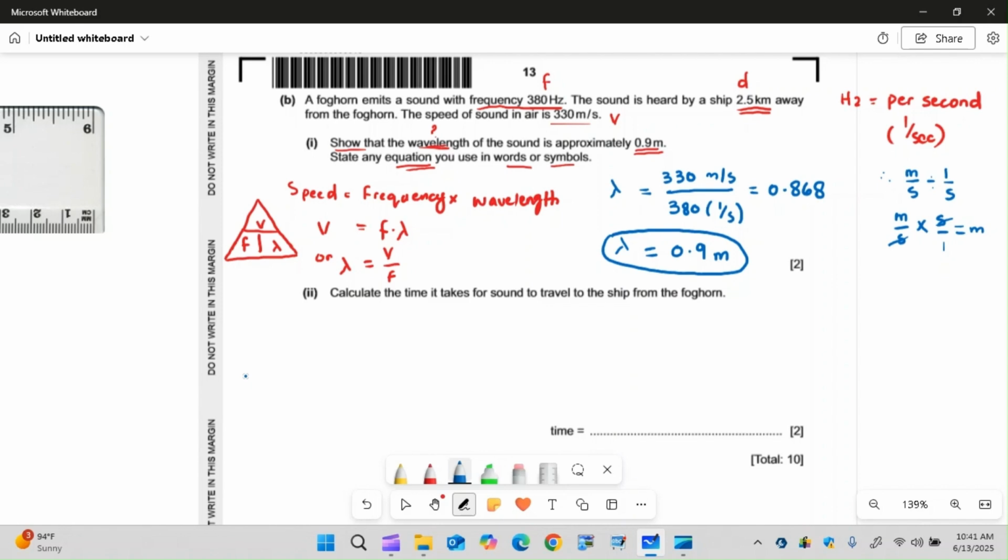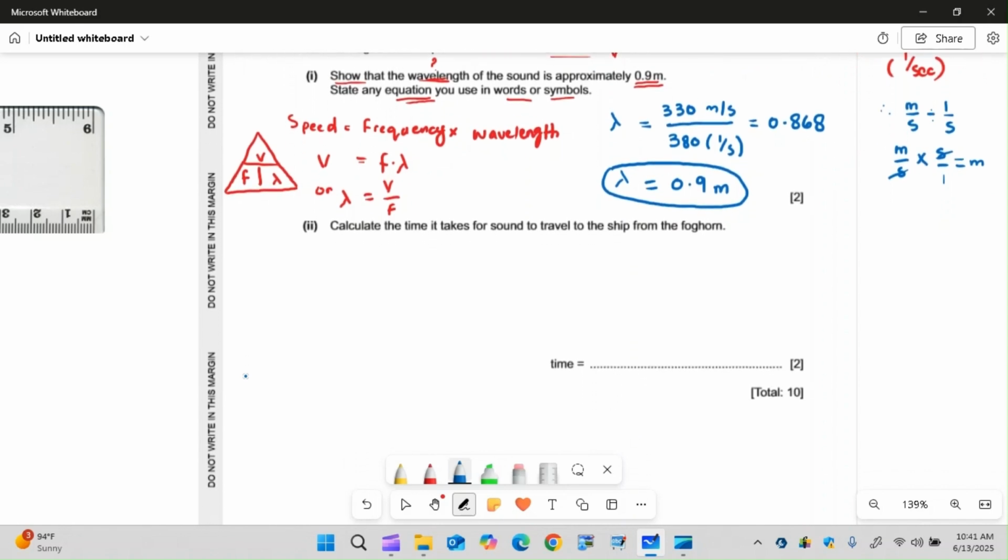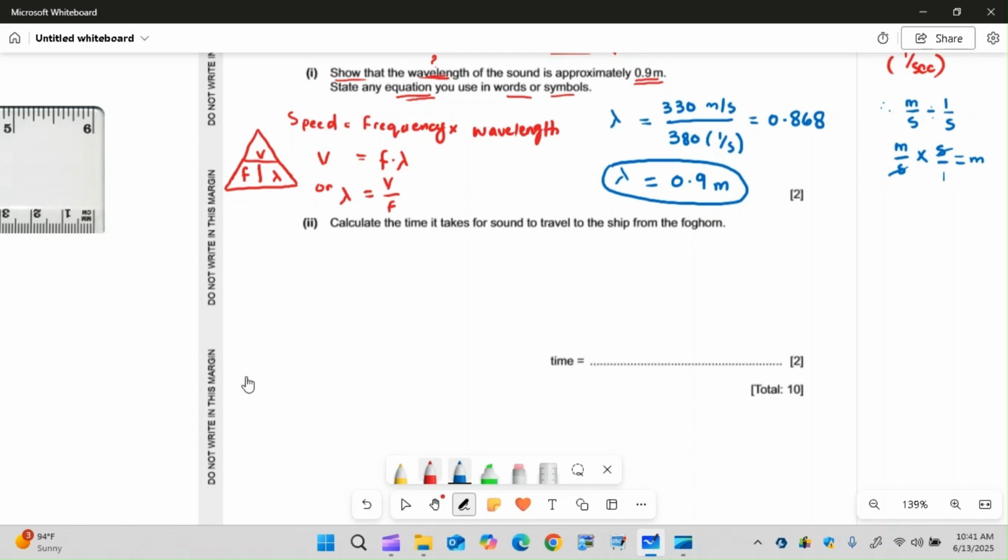Part B, second part says calculate the time it takes. So now question says you have to find the time for the sound to travel to the ship from the foghorn. If I redraw another triangle to show the relation between speed, distance, and time, we know that speed, that was represented by v, is always distance over time.